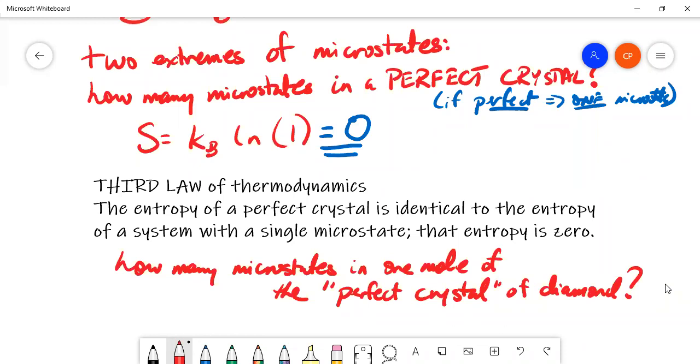How many microstates in 1 mole of the most perfect crystal I can think of in nature? Okay?